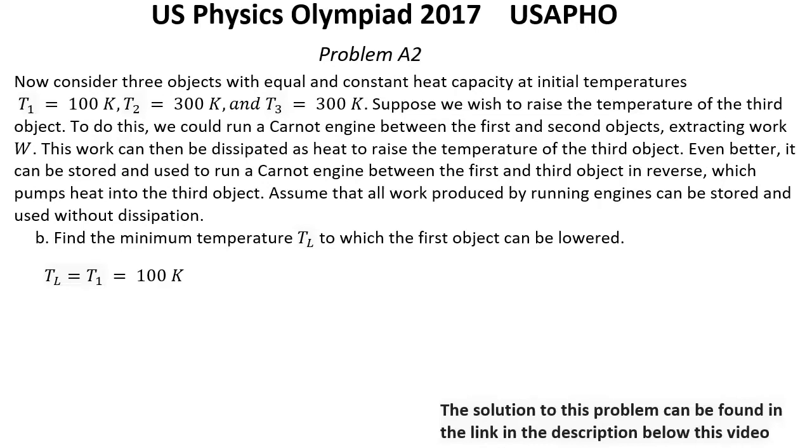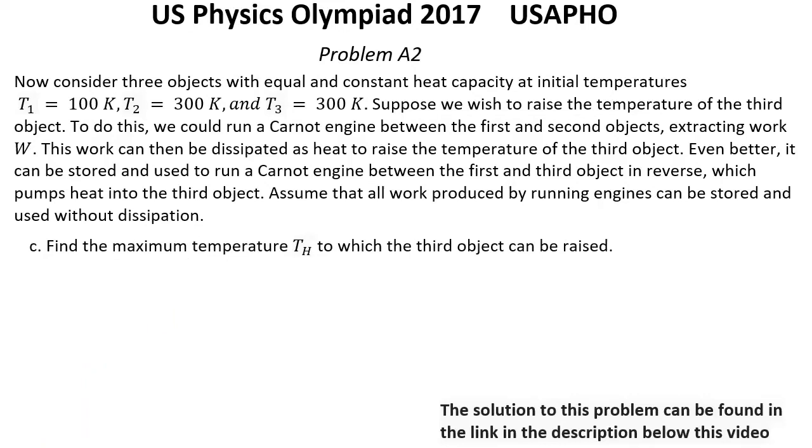In the other case we could run a process to move heat from a lower temperature body to a higher temperature body. And this is the answer for question B.